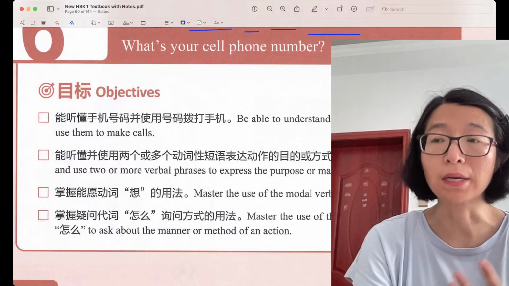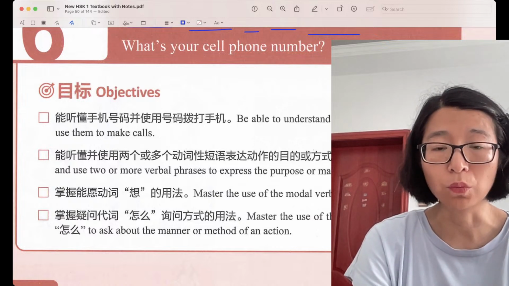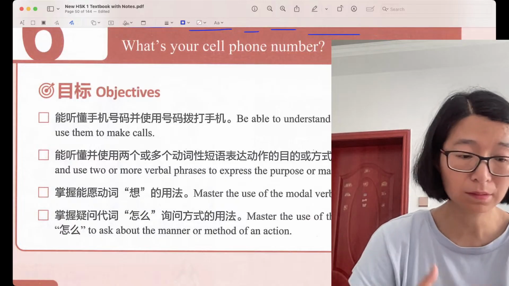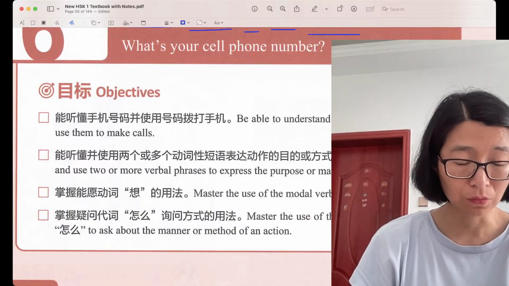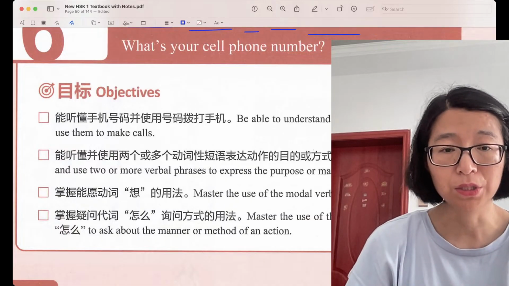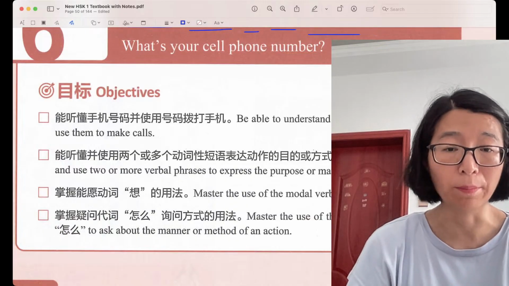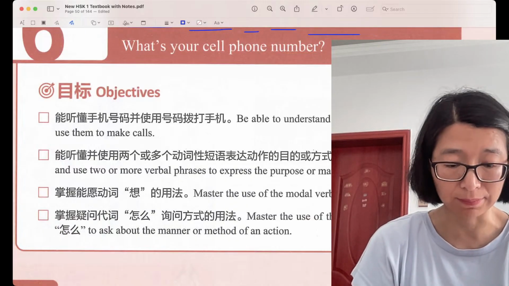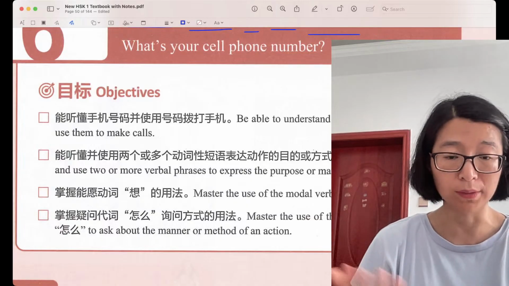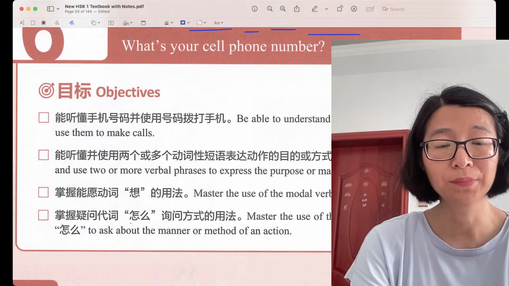So 想要 means would like. Another very important word, 怎么, means how in English. So you're asking for the manner or method of doing an action. 怎么学中文, how to learn Chinese.